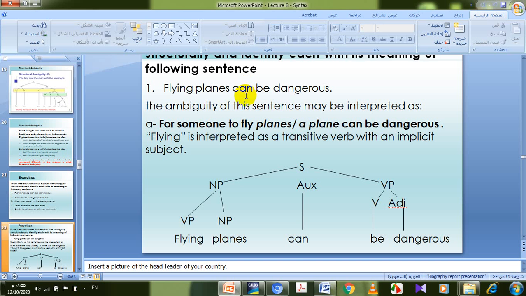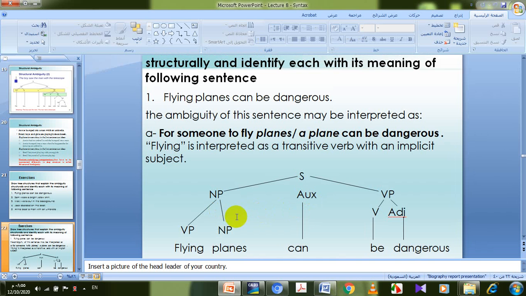If we have an auxiliary, it is subdivided alone. Then we have be dangerous, a verb phrase, subdivided into the verb be and the adjective dangerous. So this is different in the syntactic structure, in the tree diagram.